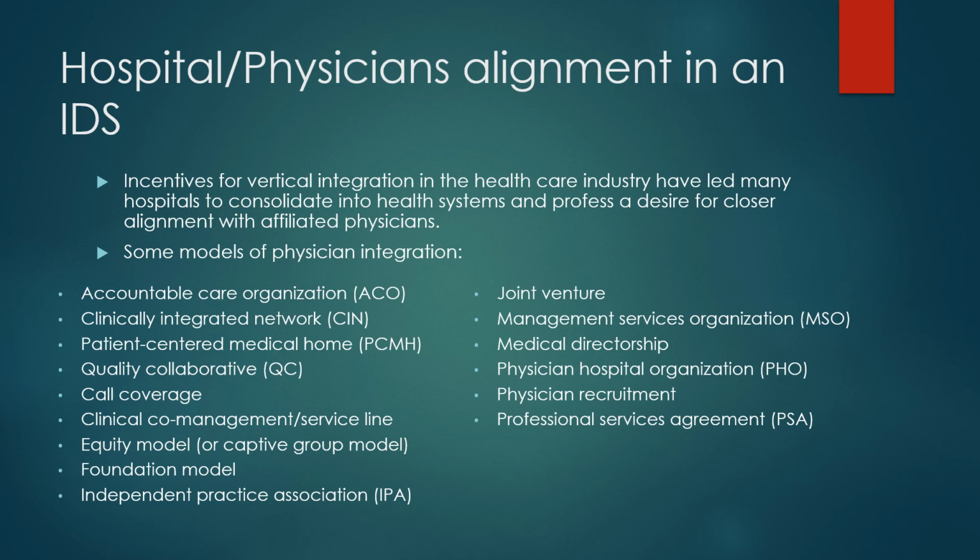Some models of physician integration are listed here: Accountable Care Organization, ACO, Clinically Integrated Network, CIN, Patient-Centered Medical Home, PCMH, that we saw earlier, Quality Collaborative, QC, Call Coverage, Clinical Co-Management, Service Line, Equity Model or Captive Group Model, Foundation Model, Independent Practice Association, IPA, Joint Venture, Management Services Organization, MSO, Medical Directorship, Physician Hospital Organization, PHO, Physician Recruitment, Professional Services Agreement, PSA.